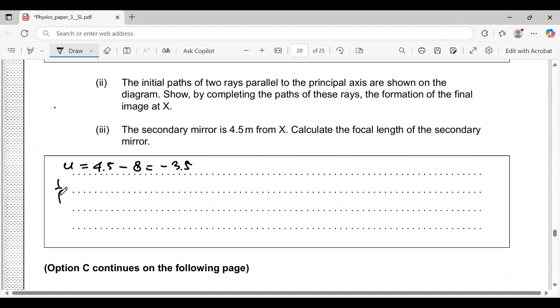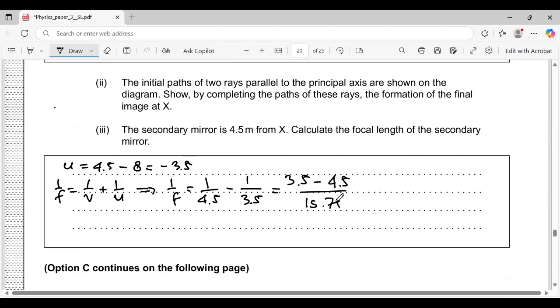That's 1 over F equals 1 over V plus 1 over U, or 1 over F equals 1 over 4.5 minus 1 over 3.5, or 3.5 minus 4.5 over 15.75. So it's going to be minus 1 over 15.75.